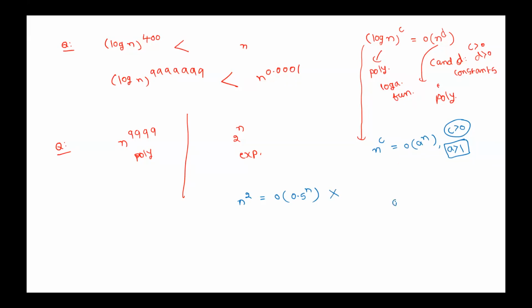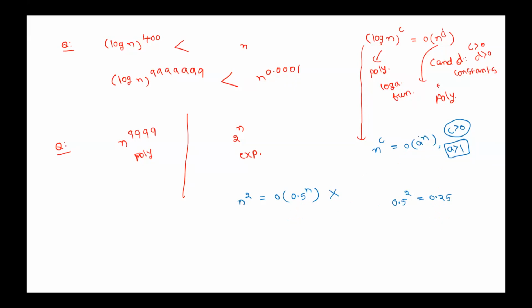See, if a number is 0.5, if I increase the power, then it becomes 0.25. The value gets reduced. As n tends to infinity, this converges to 0. But here, as n tends to infinity, it becomes infinite.